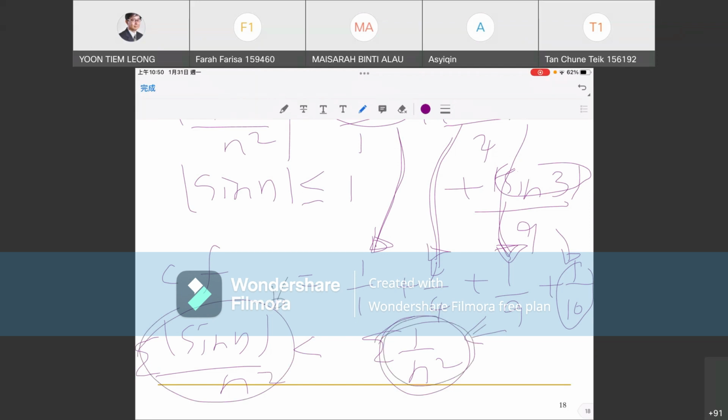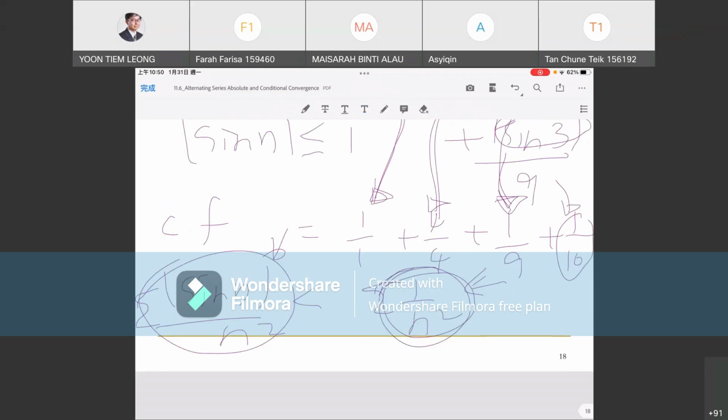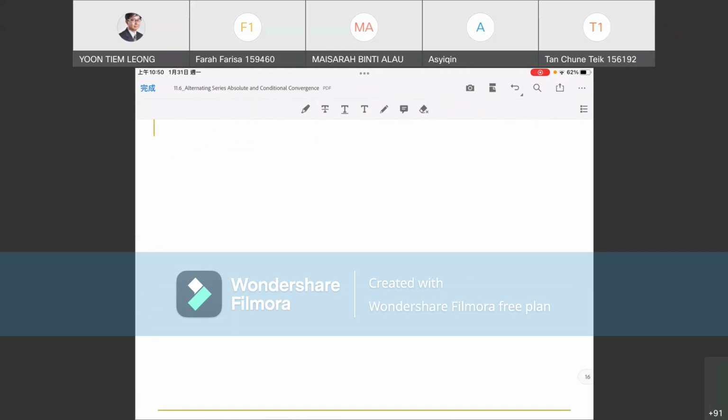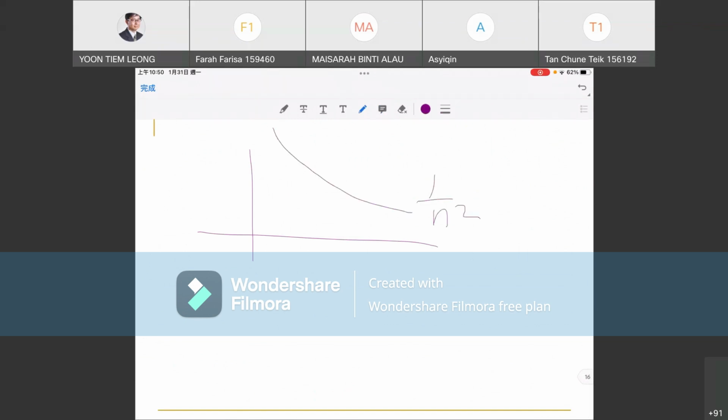So this is just like a situation where you have a term like 1 over n squared, and it converges. Then you have another term, sine n over n squared, whose absolute value is lower than 1 over n squared.